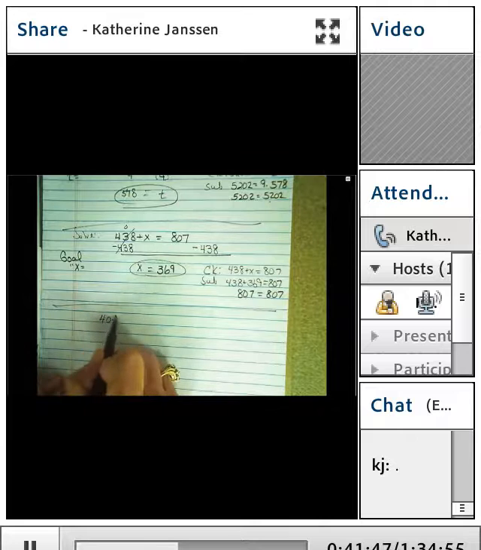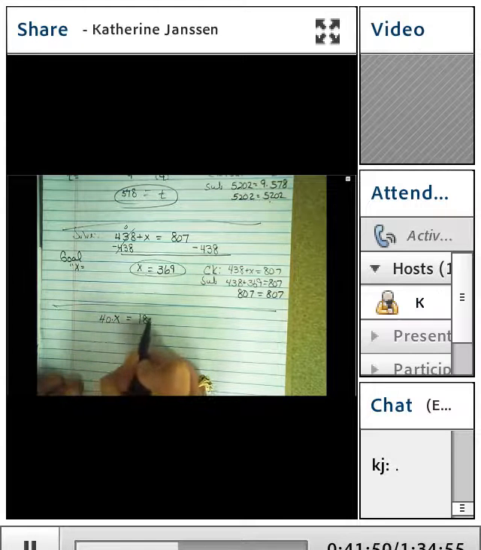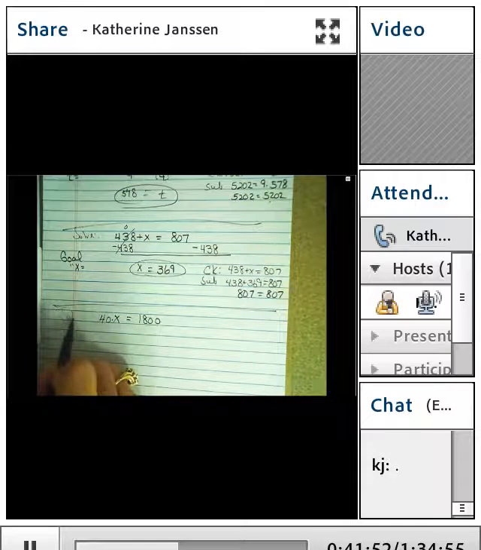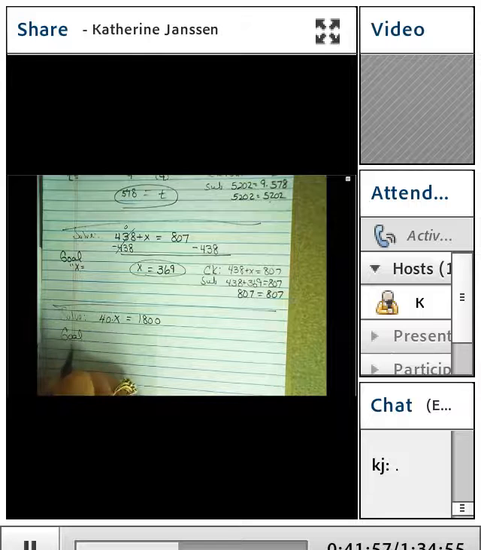40 times x equals 1800. We're supposed to solve this equation, which means solve for the variable. So our goal is x equals in this case. This is multiplication.